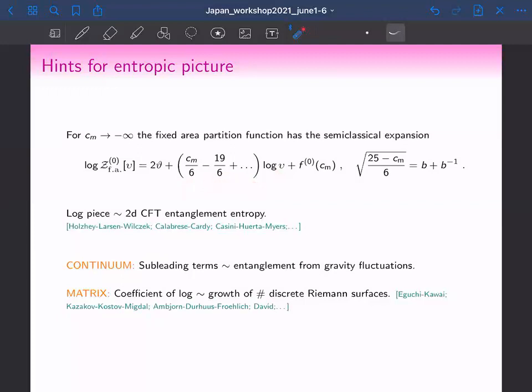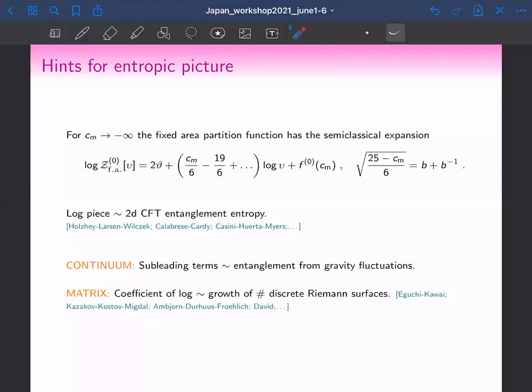These subleading corrections might stem from the fact that we couple our CFT to gravity. So coupling the CFT to gravity might help us understand the effects of coupling a CFT to gravity. On the other side, what are the coefficients of the log in the matrix picture? It's the growth of these Riemann surfaces.